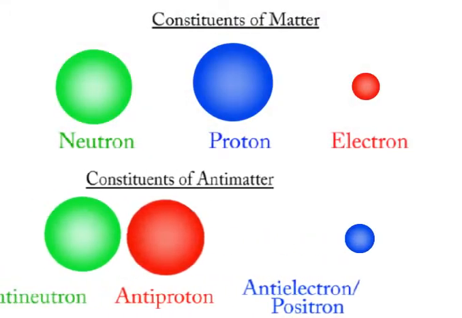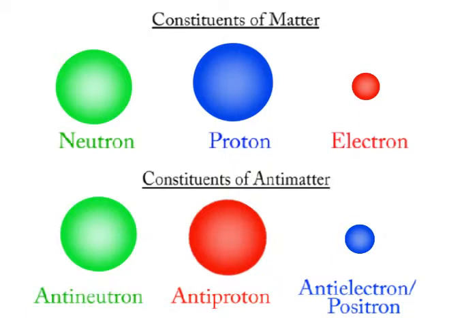So now to antimatter. Antimatter is essentially the same as normal matter, except that it consists of antiprotons, antineutrons and antielectrons. Antielectrons are also known as positrons. The difference between these particles and their corresponding antiparticles is that their charge is reversed.